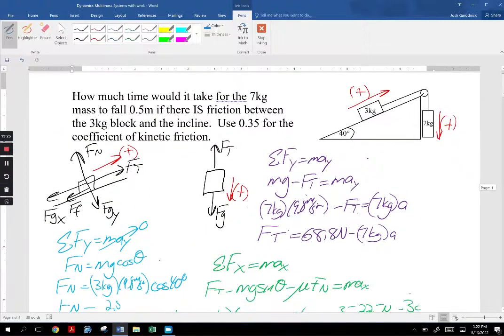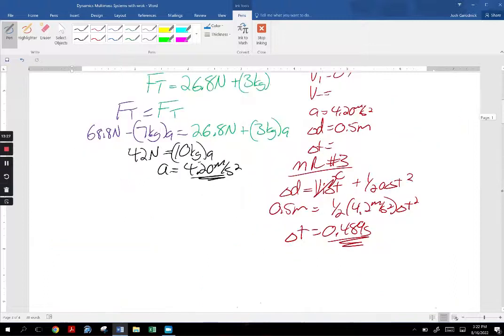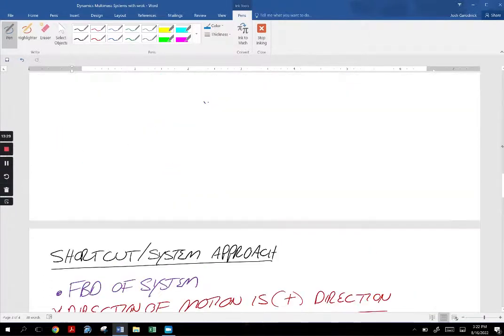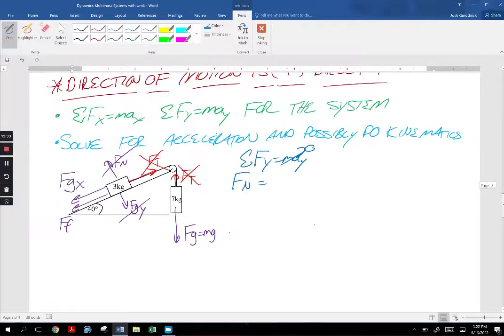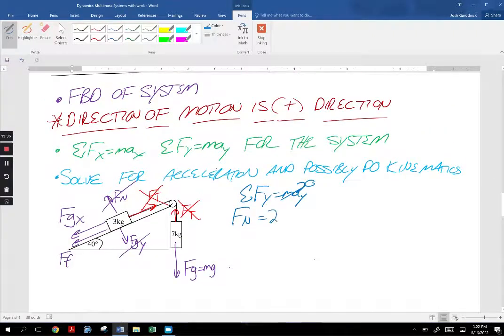What did we get? 22.5. So we got 22.5 newtons. I needed that because, for the friction force here, I'm going to have to do mu times Fn.